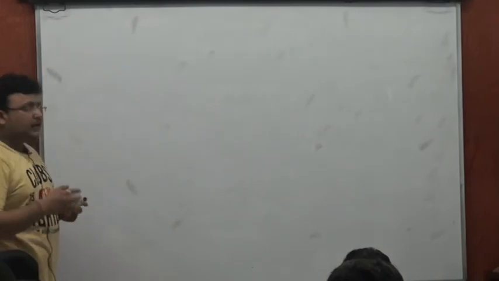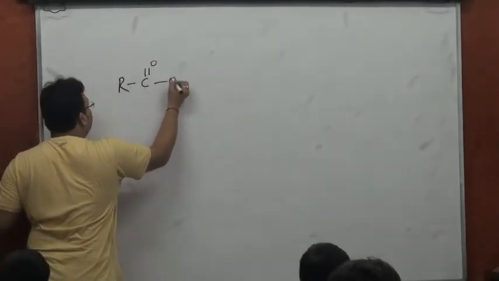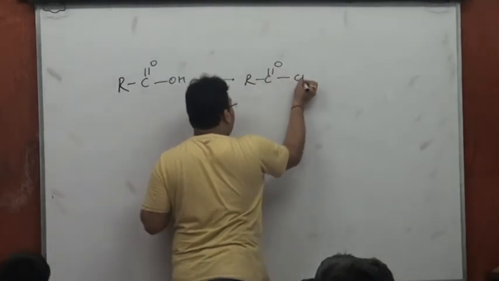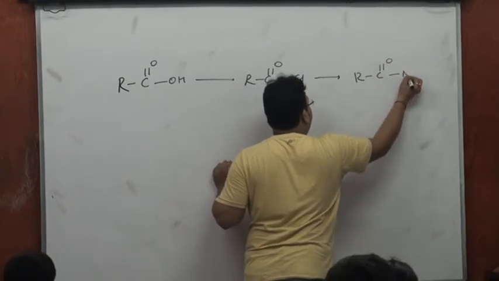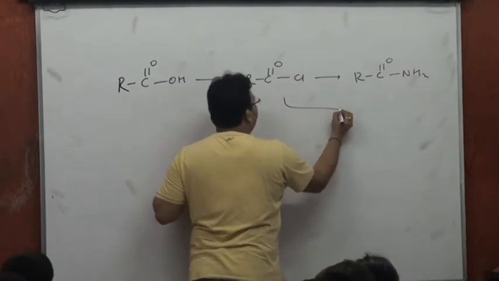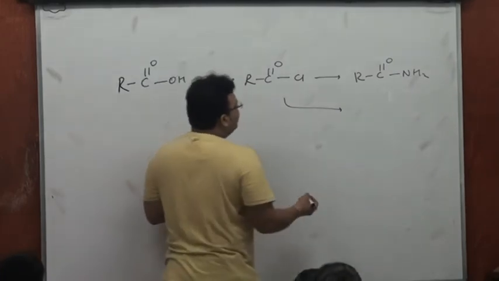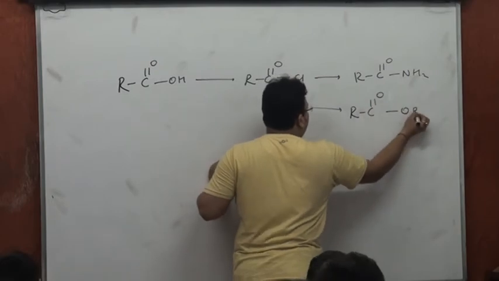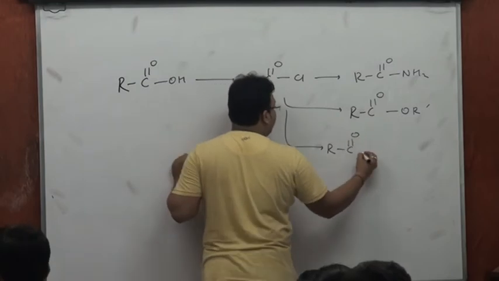Instead of directly reacting upon the acid, you might want to convert the acid to a halide and then to an amide, or once you have converted it to a halide, it's going to be easier maybe obtaining the other derivatives.